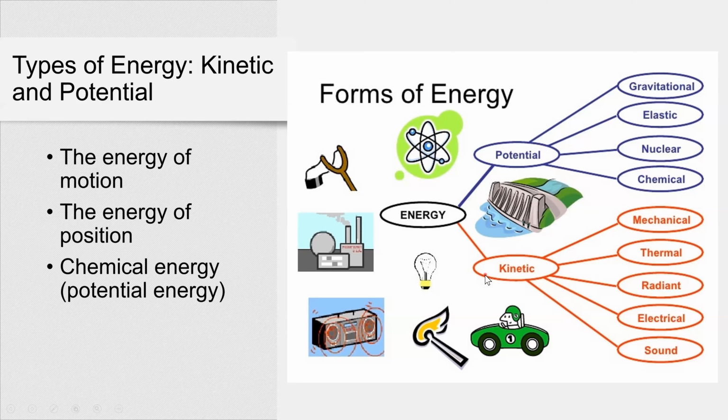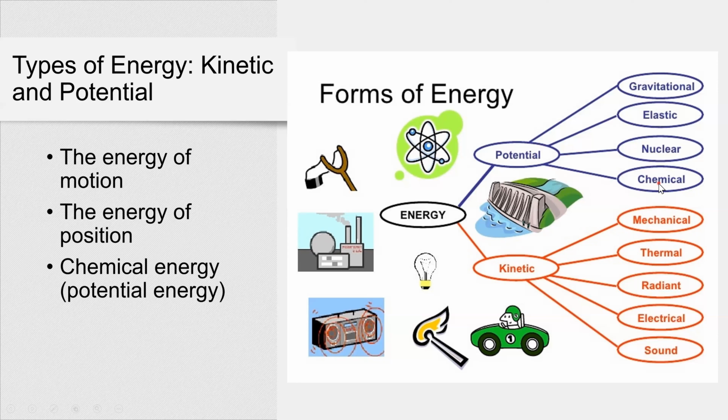A good example of how we can transform one form of energy into another is your food. When you eat, your food has this potential chemical energy. You use this chemical energy to move your muscles, and this will be mechanical energy.